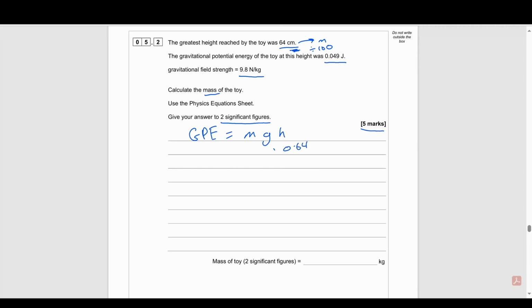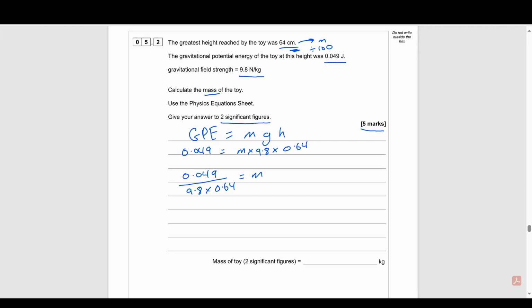We need to multiply that by 9.8, which is our gravitational field strength. But the gravitational potential energy was 0.049 joules. So we're given the energy, so that means we need to rearrange to find the mass. So let's rearrange our equation now. So it'll be 0.049 divided by 9.8 multiplied by 0.64 will equal our mass.